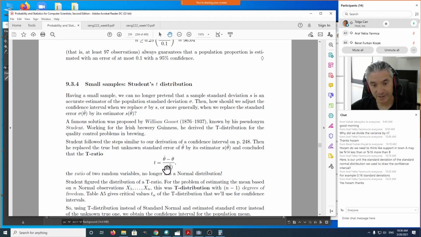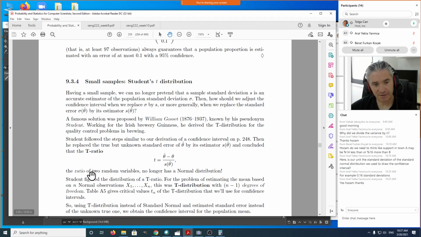For large samples, this was a normal variable. It was the ratio of two random variables. Why does it say it's a ratio of two random variables? Because the standard error itself is a random variable, because we estimated it from the sample.